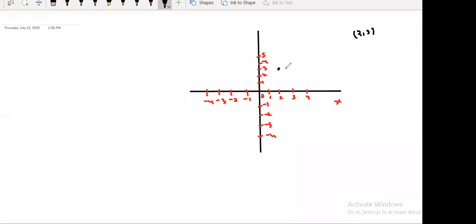Now just think about this. Suppose someone started from origin, and after time t, he reached this point. Then tell me, what is the displacement?